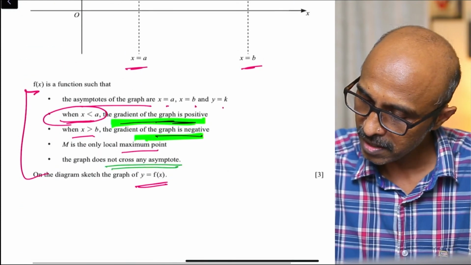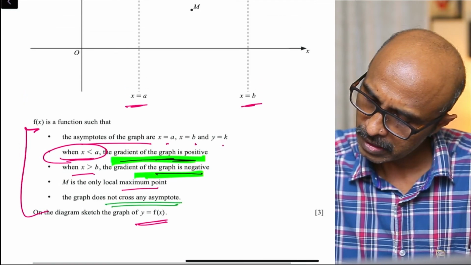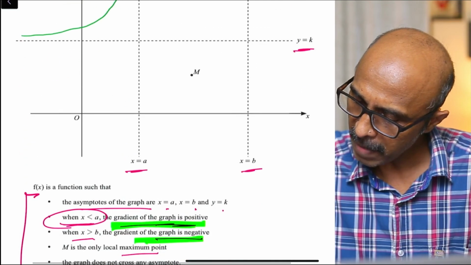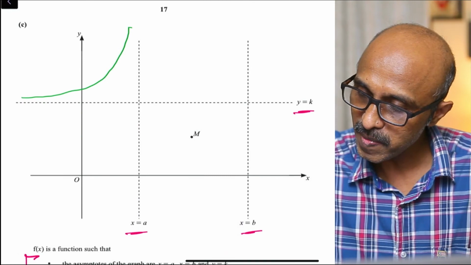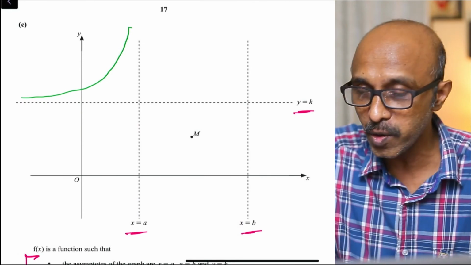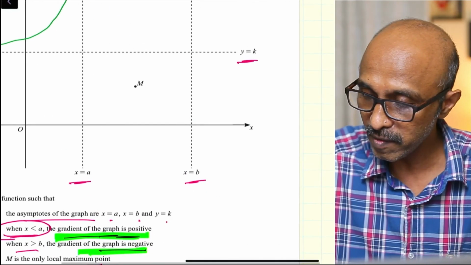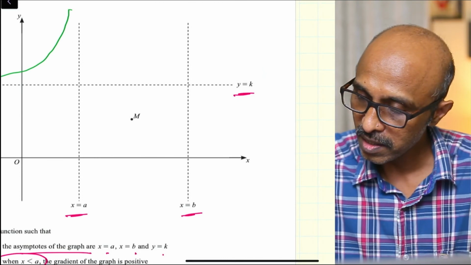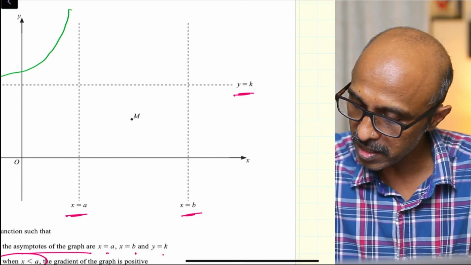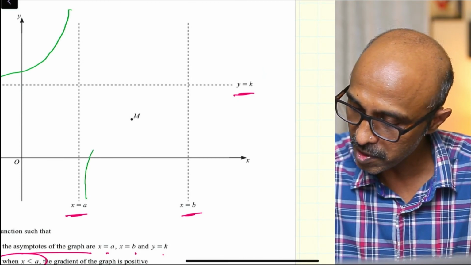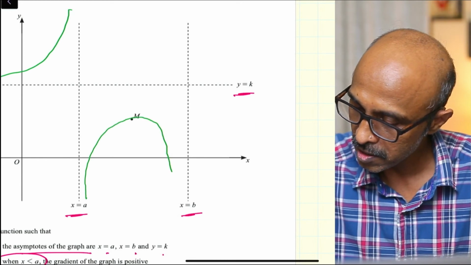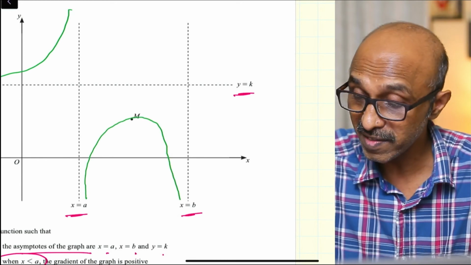And then it says m is a local maximum. Now, if it has to be a maximum, it has to be concave down. It can't be concave up, otherwise you'll have a minimum. So for that part, it will be asymptoting from here to there. All right, that's good enough. It's not very artistic.